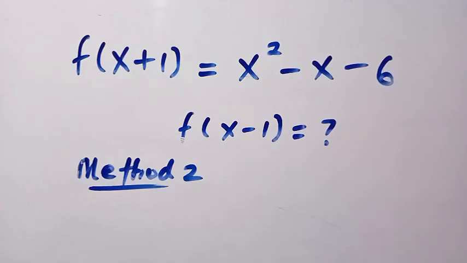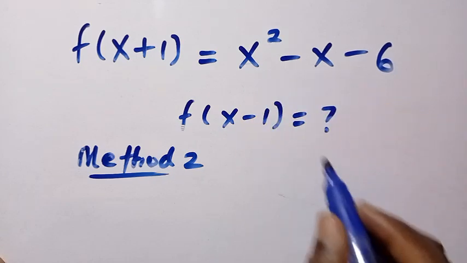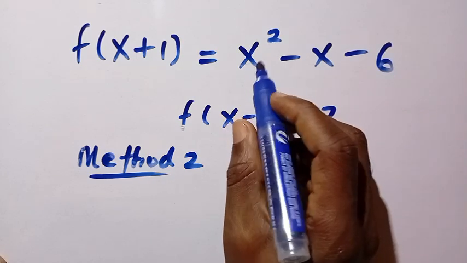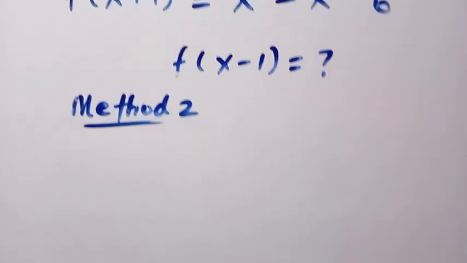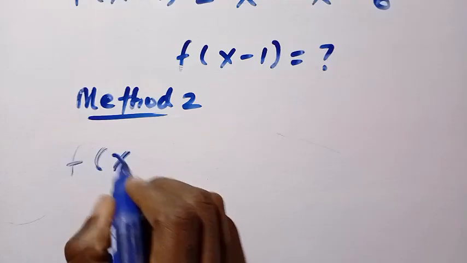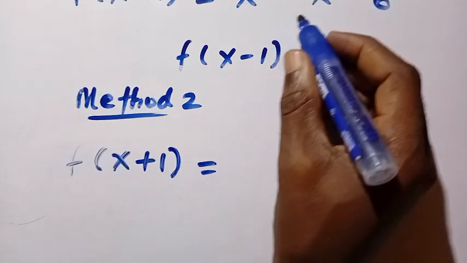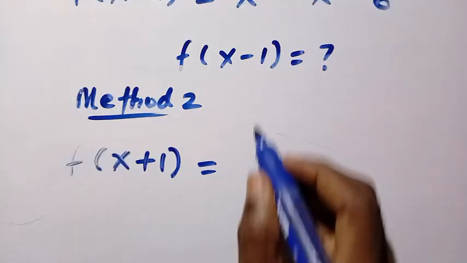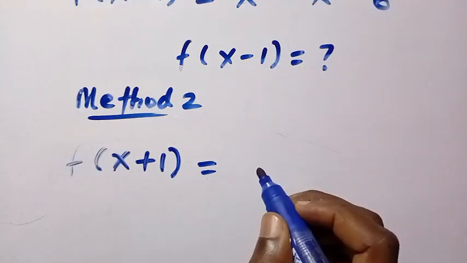Let's consider the second method of solving this same question. We start from the right hand side, which is a quadratic, x squared minus x minus 6, and we are going to apply the factorization method. So f of x plus 1 equals x squared minus x minus 6.